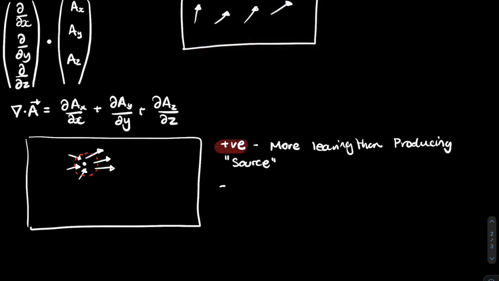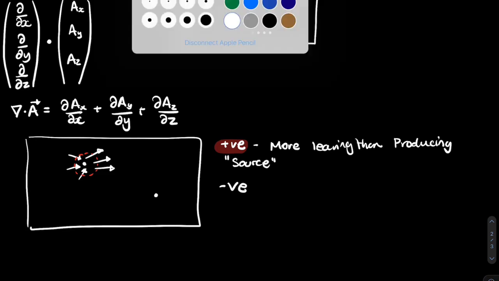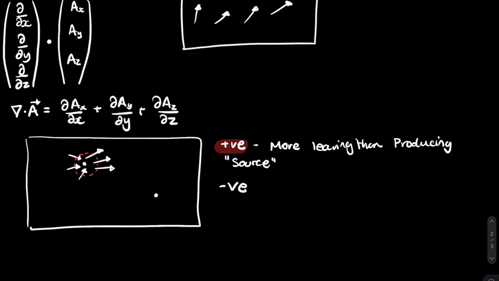Of course, the other case is a negative divergence. So say we take maybe this point in space right here. We can see that there's quite a lot going in, but there's not very much vector flux coming out.